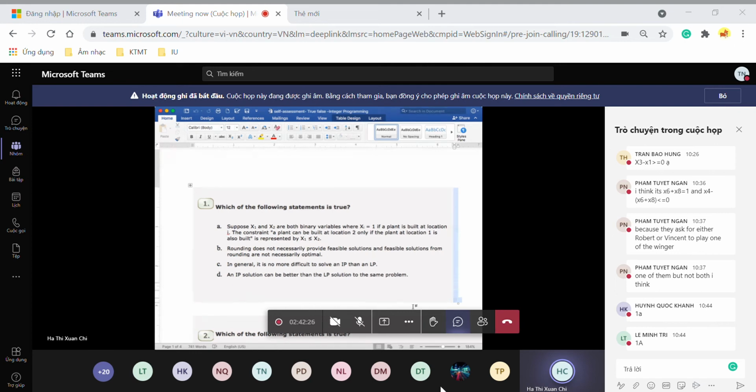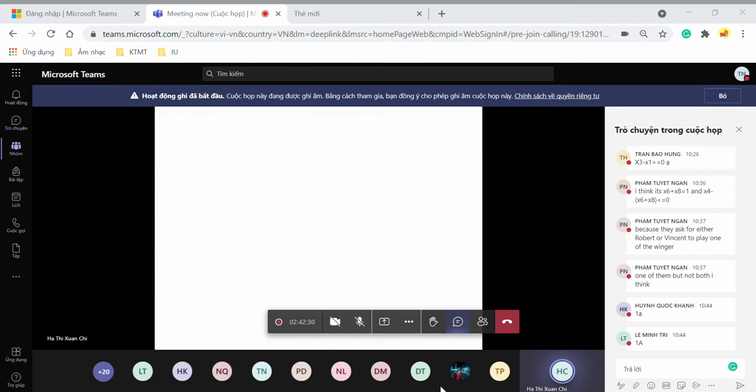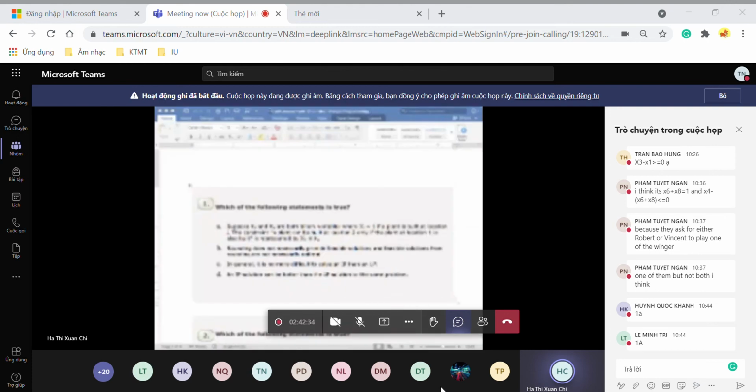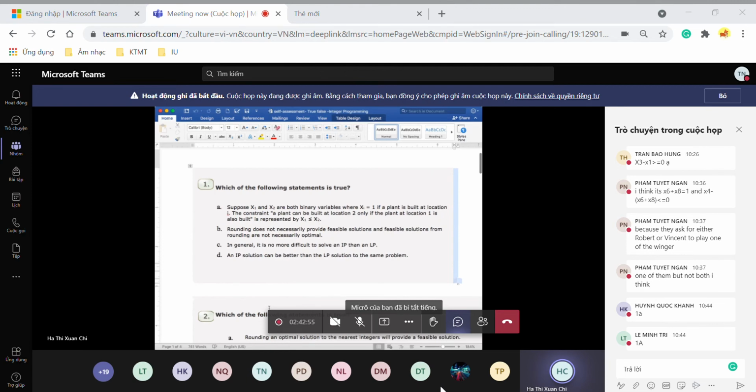So I think number A is correct. Rounding means we round up and round down. I think it's number E. Number B is also correct. A and B, I think so.